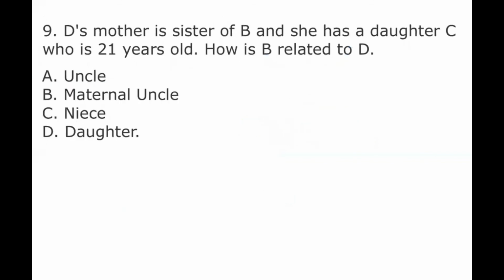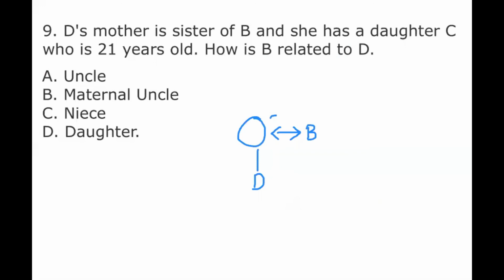9th one. Please change, in your question it is given as A here, but please change it to D because the question is printed wrongly. Now, moving on, D's mother is sister of B. Now there is D and his mother is sister of B. This person will be made minus sign, but we don't know who it is.